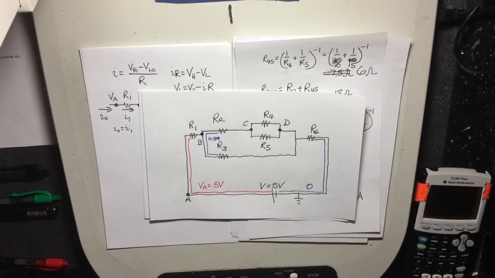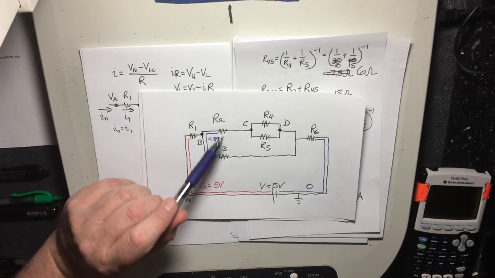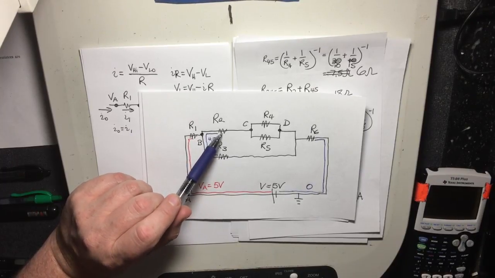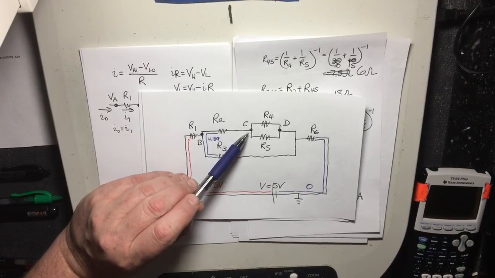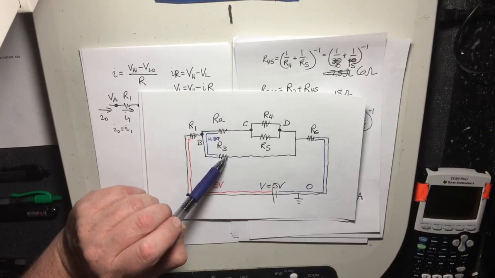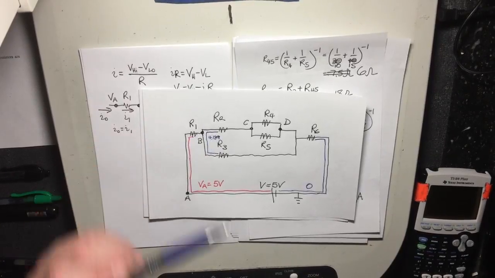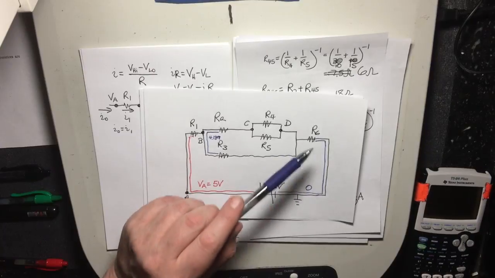And now I've gotten to a point where I'm not really sure how to go, because across R2, I'm not certain about the current flowing through R2 or the current flowing through R3, and I don't know the low potential on either end of R2 or R3, so I gotta kind of stop on this end. What I do is I'm gonna work backwards across R6.